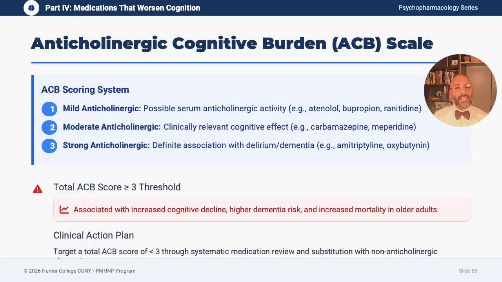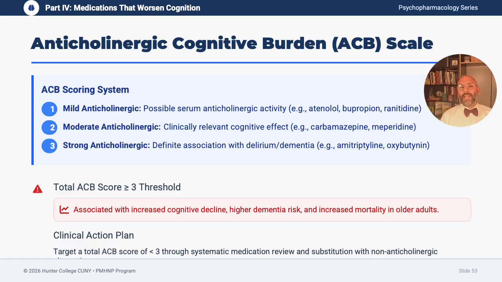What matters clinically is the cumulative score, not just one medication. So a total ACB score of 3 or higher is a red flag. It's associated with more rapid cognitive decline, higher dementia risk, increased falls, and higher mortality in older adults. The clinical goal is straightforward.